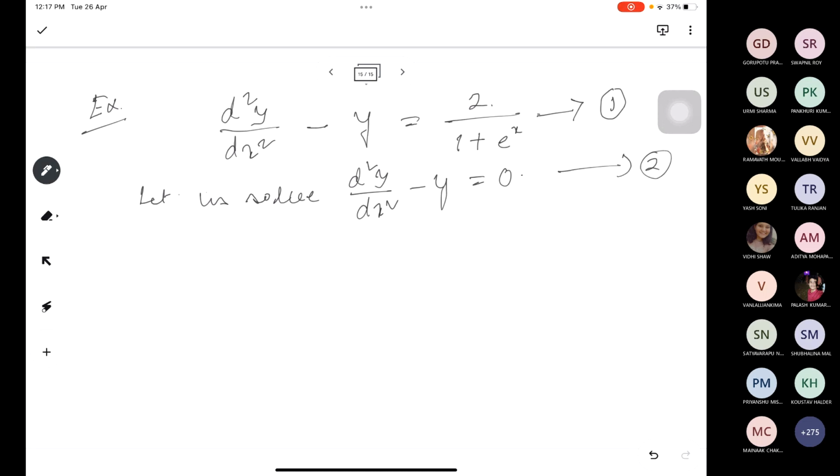So here the auxiliary equation will be m square minus 1 equals to 0, m is equal to plus minus 1.